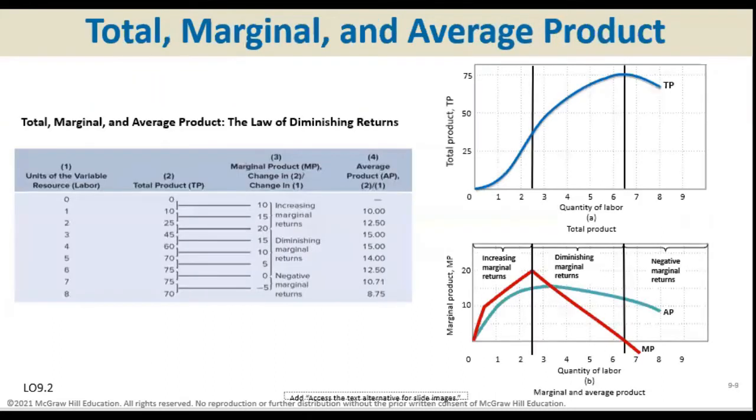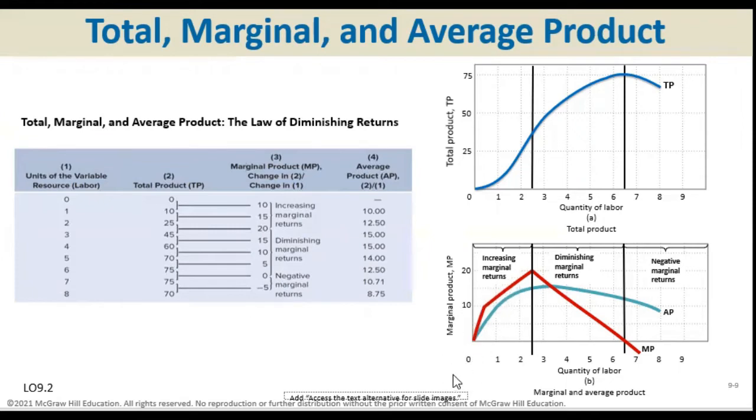So if we look at it in this table here, you can see that at first the total product increases at an increasing rate, right? And if you look at the marginal product, the red curve here, that's increasing marginal returns.